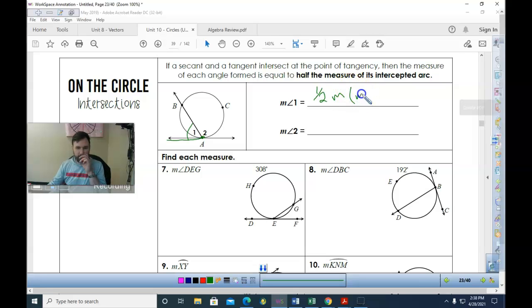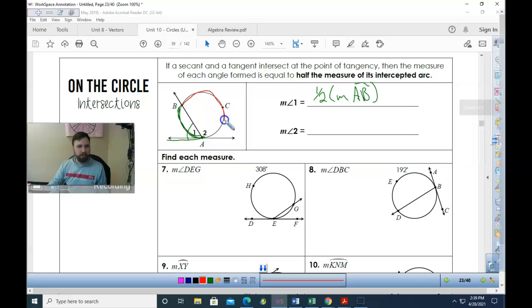It's half the measure of your arc. So half AB will give me the angle. Half the arc gives me the angle.